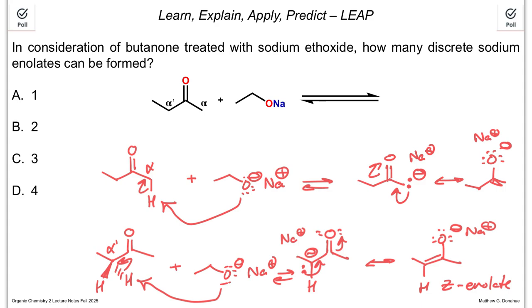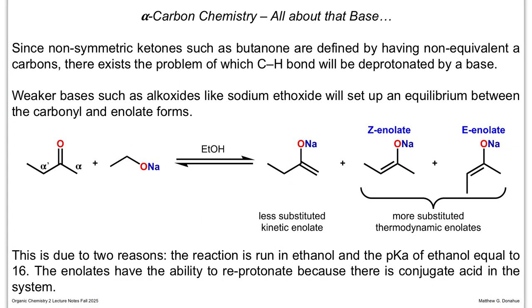If we deprotonate the other one, we would form the E enolate. So ultimately, from the methyl alpha carbon, that forms 1 enolate. The alpha prime can form 2. So with this base, sodium ethoxide, we would form 3 enolates. So that's summarized here.